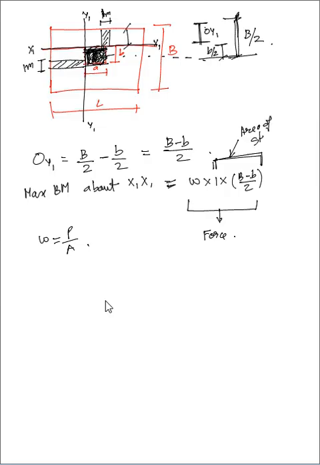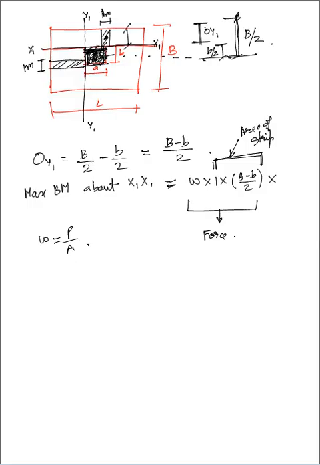See, don't get confused in this derivation. It is very important. This 1 into (B minus b by 2) is your area of strip, and w is your P by A. So this portion represents the force multiplied by the distance. Now the distance we have to take from the centroid to x1.